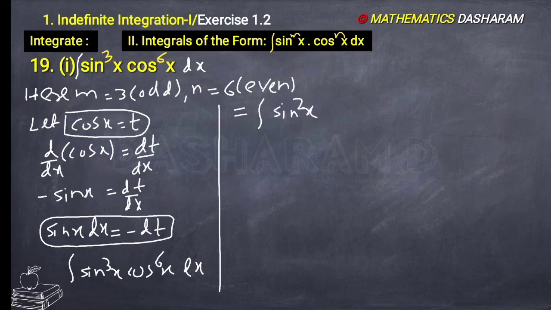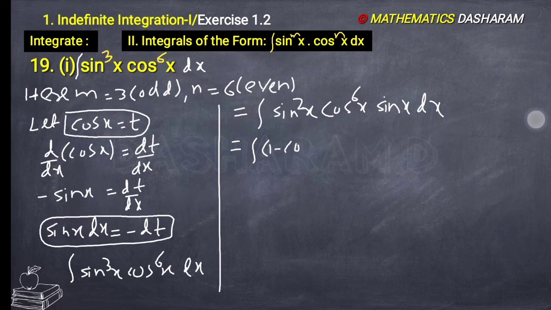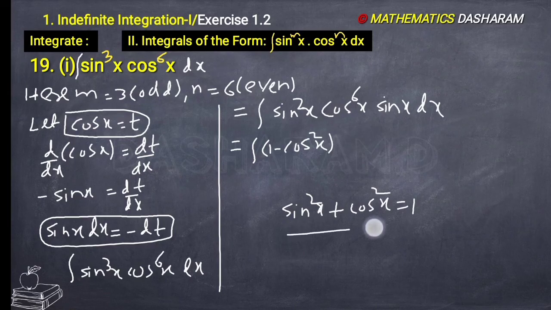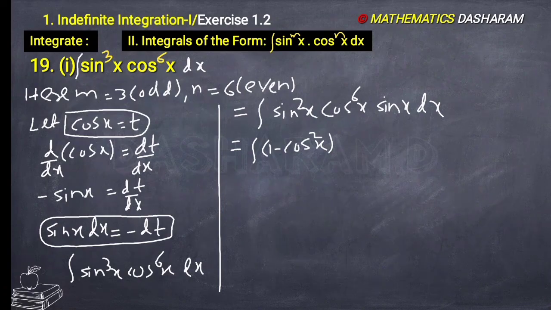I am writing it as sin square x cos to the power of 6x into sin x dx. See here, sin square x into sin x equals what? Sin cube x. Sin square x can be written as 1 minus cos square x, because we have one identity, sin square x plus cos square x equals 1. So from this we can write sin square x as 1 minus cos square x, into cos to the power of 6x into sin x dx.